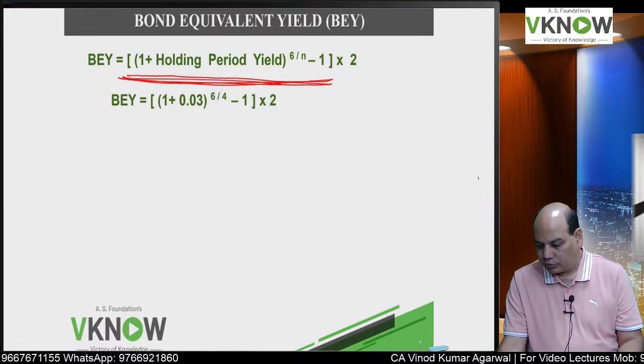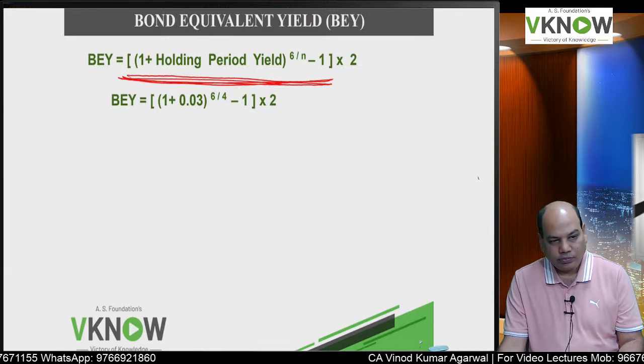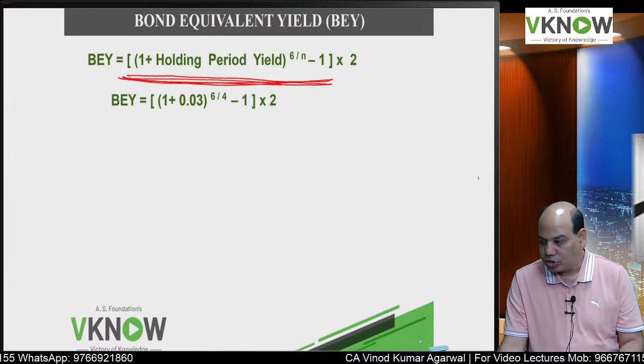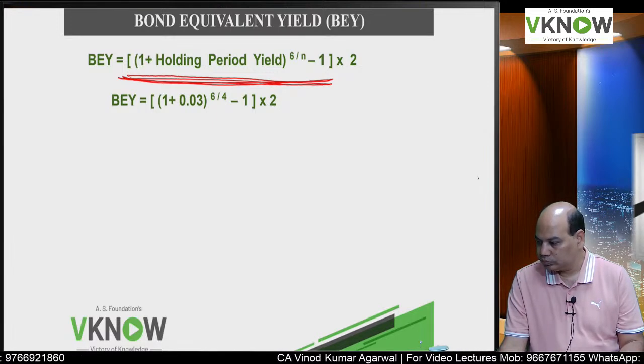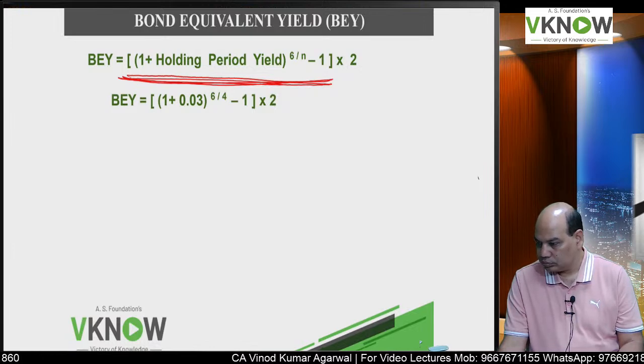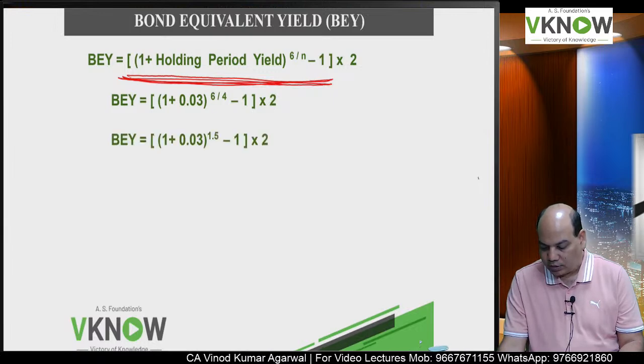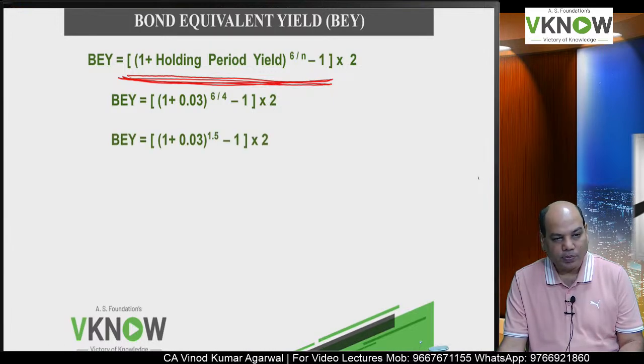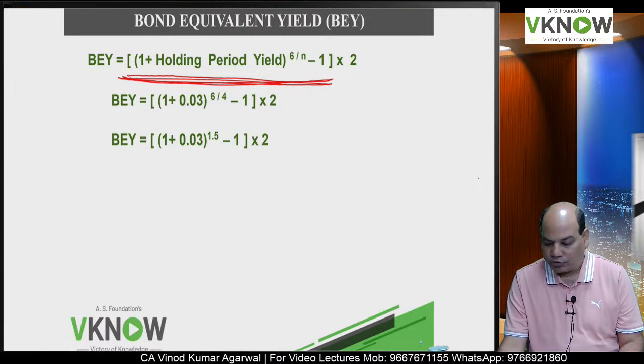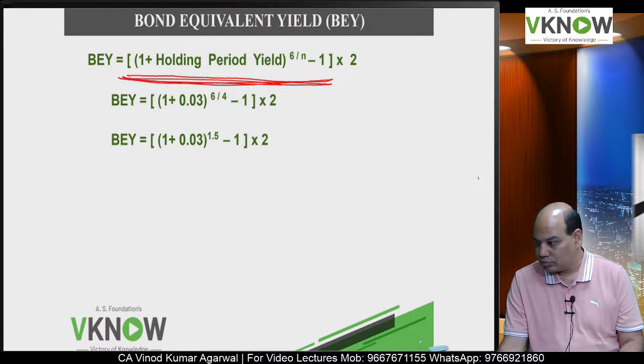Solve. 1.03 to the power 6 by 4 minus 1 into 2. So you will have to simplify that. 1.03 to the power 1.5 minus 1 into 2.